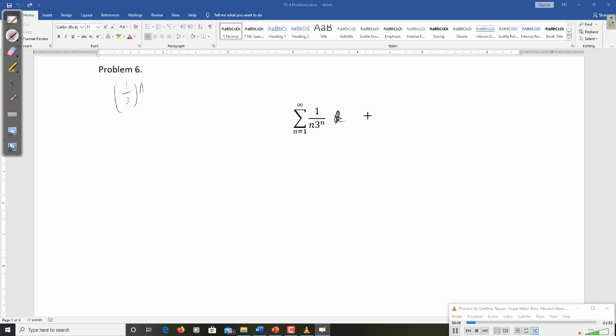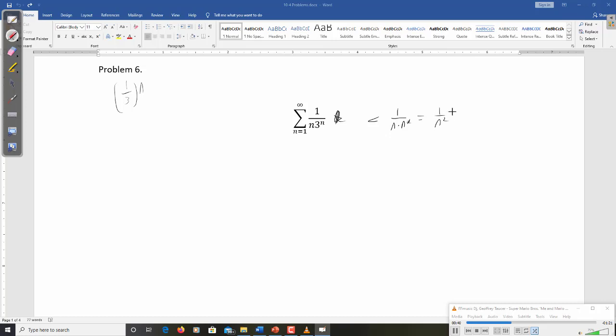Let's see here. If I want to bound it from above, I want to make the denominator smaller. So that is less than or equal to 1 over n times n, which is 1 over n squared.